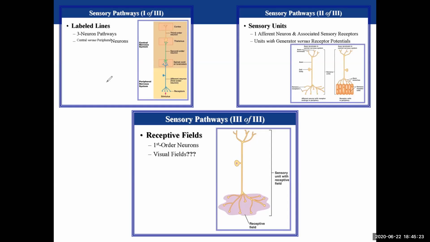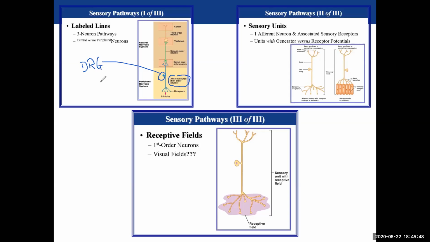So the first order neuron is in blue, which is a sensory neuron belonging to the peripheral nervous system, because the cell bodies are aggregated in the DRG, the dorsal root ganglion, right?